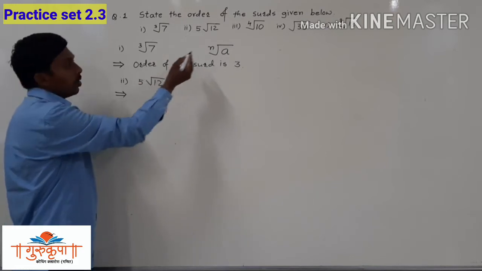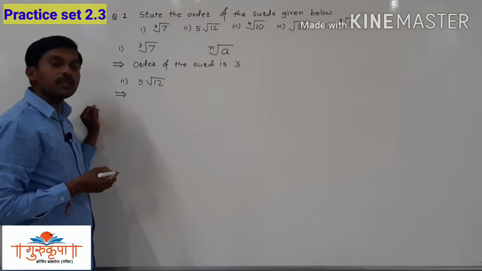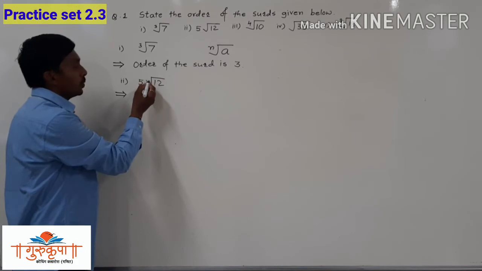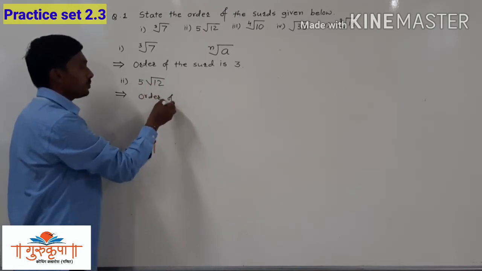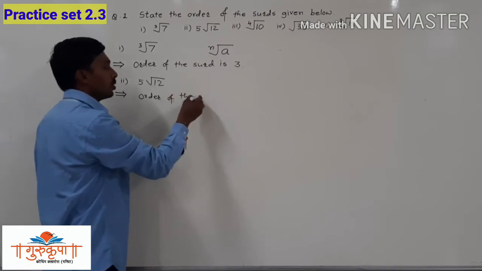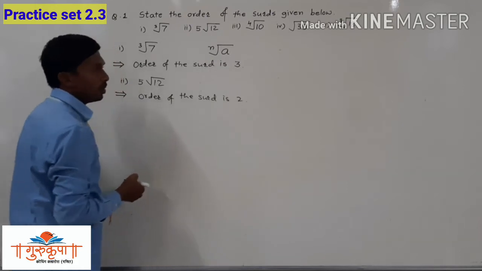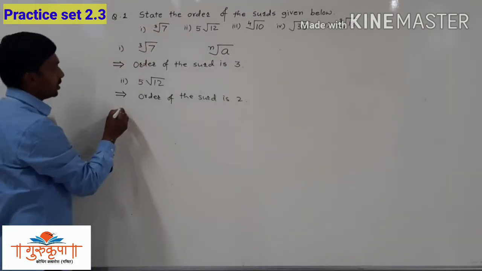Since the order, that is n, is a positive integer greater than 1, here we have n equal to 2. So you can write the order of the surd is 2. Now we have the third example.